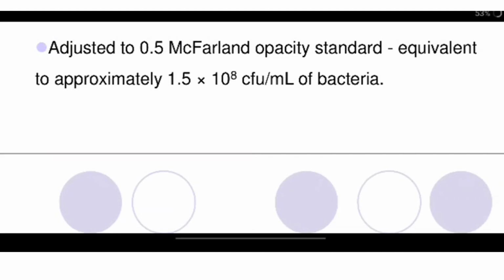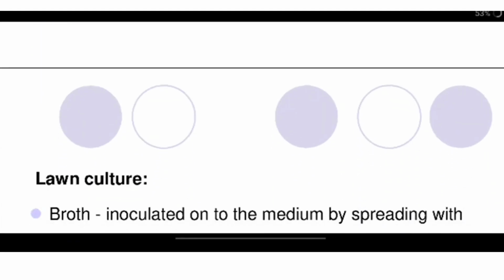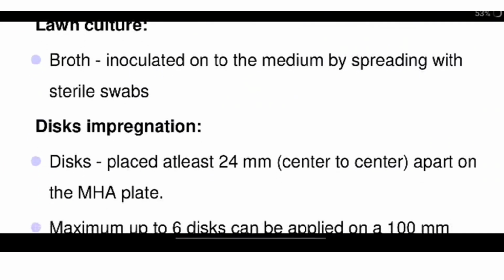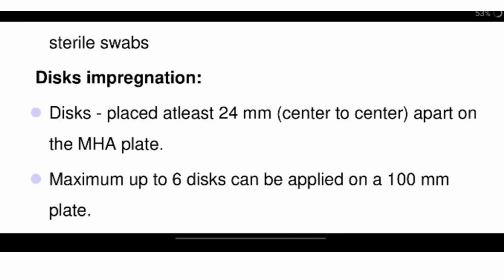So after the comparison, after the matching, we will do the lawn culture. How is it done? It is done by spreading the sterile swab onto the media 3 times. Disc placement: how are discs placed?